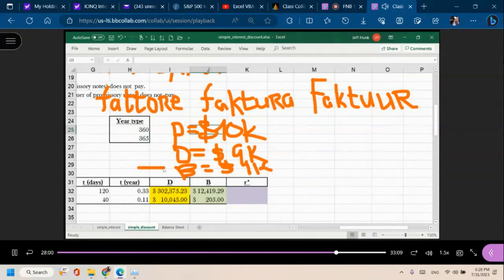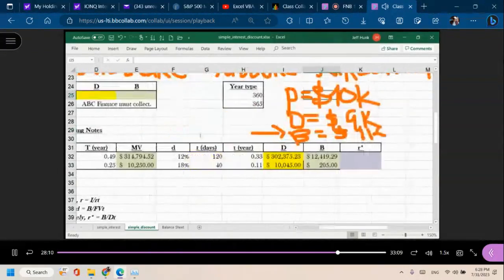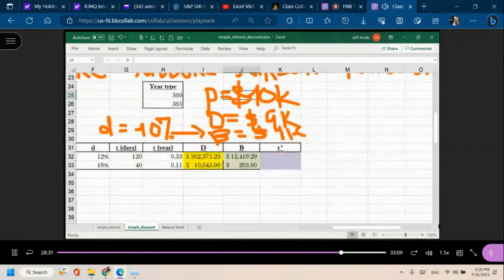Then what would you say? Does that mean the discount rate was 10%? Isn't that right? Discount rate was 10%. But then this 1,000 is like the interest that the bank takes.